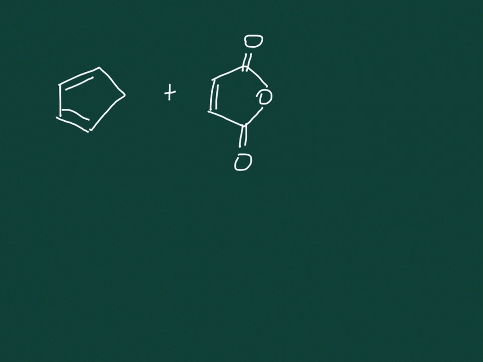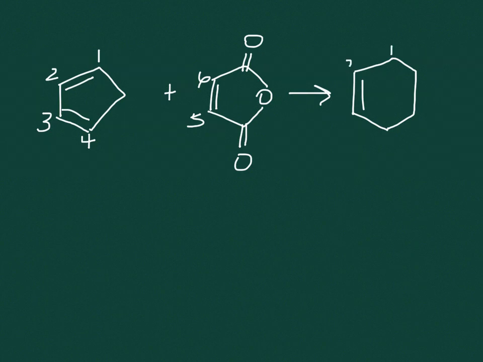If we count 1, 2, 3, 4, 5, 6. So, we make our cyclohexene base. 1, 2, 3, 4, 5, 6. Put our anhydride ring on.